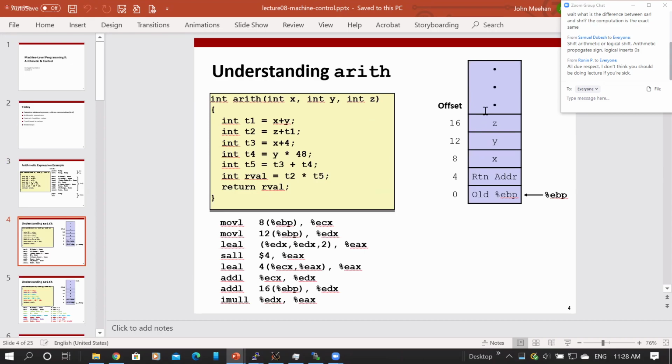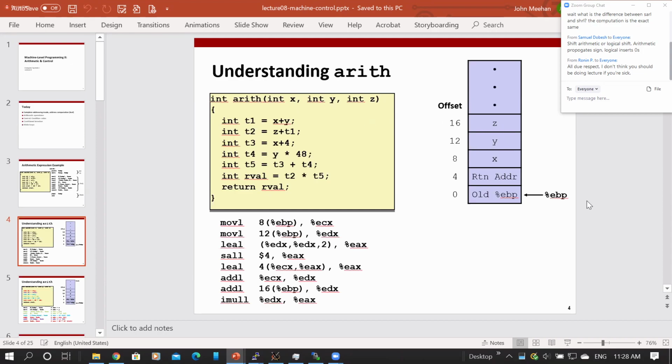We do the call, put the return address on there. Then we save the base pointer and we put the stack pointer into the base pointer. So the base pointer is pointing here now. And we go back 8 locations to get to X. We go back 12 to get to Y. That's because they're 4 bytes big, right?